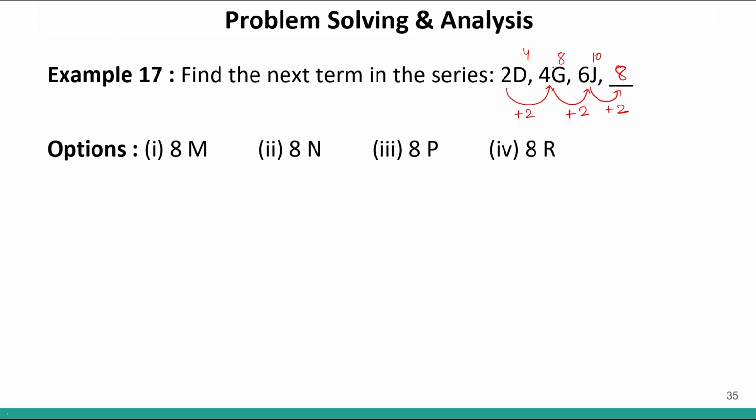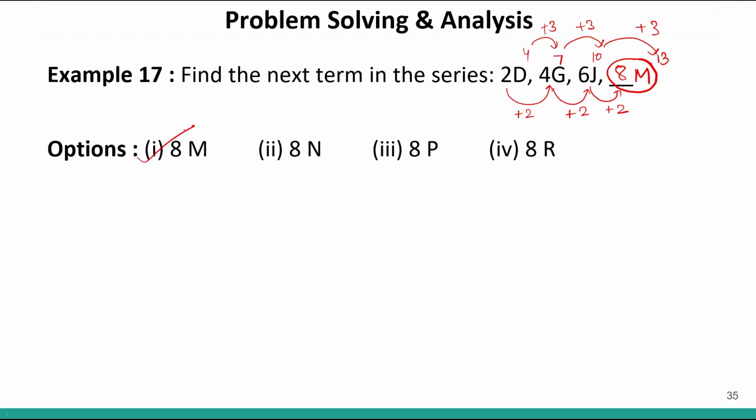Over here, I can see forward ranks. So D to G is plus 3. Similarly, G to J is plus 3. So we'll move 3 forward ranks, which will give me 13. And at 13, we have M. So the correct answer will be 8M, which is option number 1.